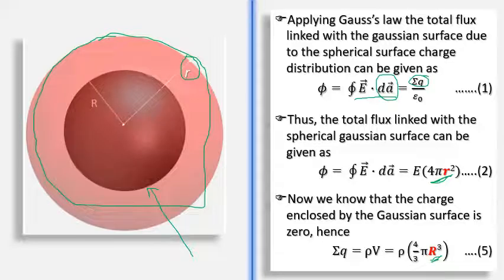You don't have any charge in this region. So we consider volume up to capital R only, so density into 4 by 3 pi capital R cube. Up to that volume we have charges. So with equations 1, 2 and 5 we should be able to find out the electric field.